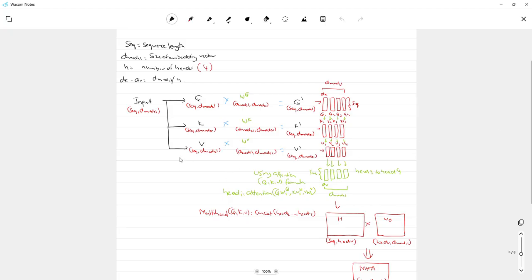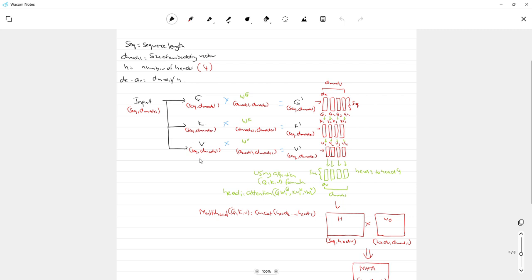So now, instead of running one attention mechanism on the full 512 dimension input, we first split the work. The input matrix (sequence length, d_model) is linearly projected into 3 full-size matrices: query, key, and value.